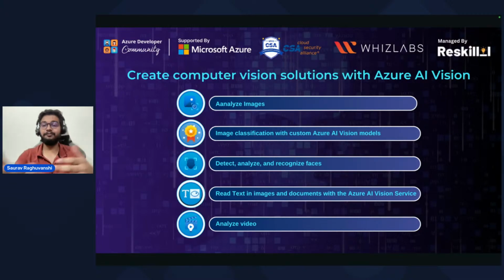And that's what this vision model can help you use, whether analyzing images, classifying models, using AI vision to detect, analyze, and recognize faces, read text in images. So when I think about my project now, I think, okay, I don't have to do as much model training as I did 3 years back. Now I can just bring my own images and let the already trained AI model do everything for me.